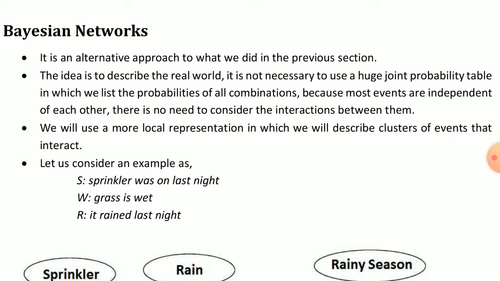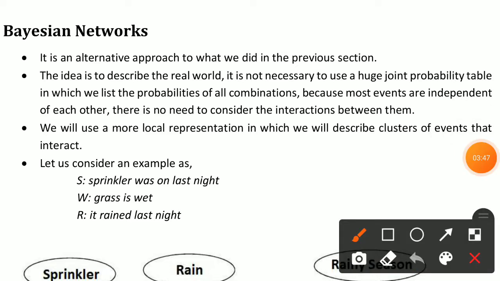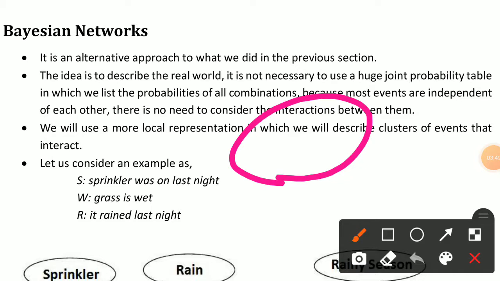Here we can use the cluster concept. In a cluster, some events are present in the cluster and other events are not present in the cluster, and those are known as outer events.